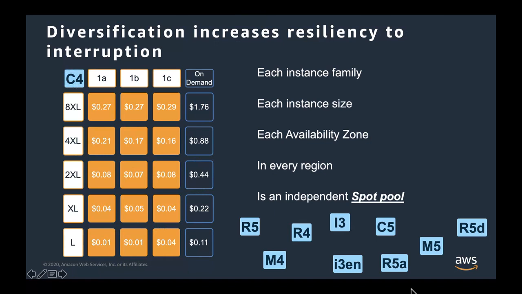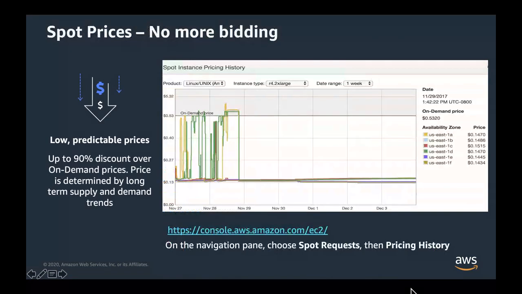Therefore, when you diversify, you increase your resiliency to interruptions. Let's revisit pricing one more time. If you heard about spot instances prior to November 2017, you may recall that the EC2 spot pricing was based on bidding. Instances were priced based on customer bids, which made pricing difficult to predict and spot availability more volatile.